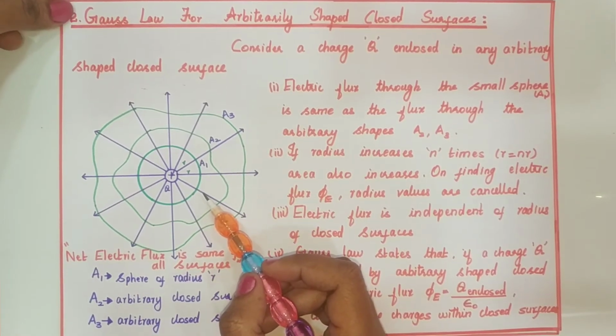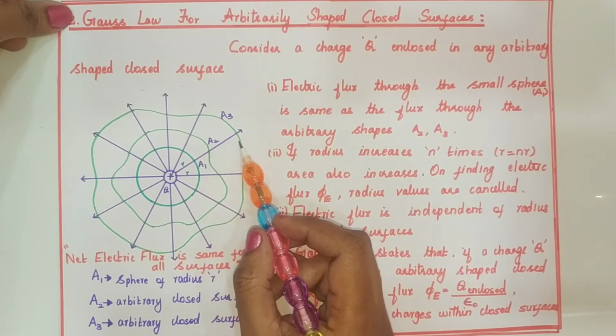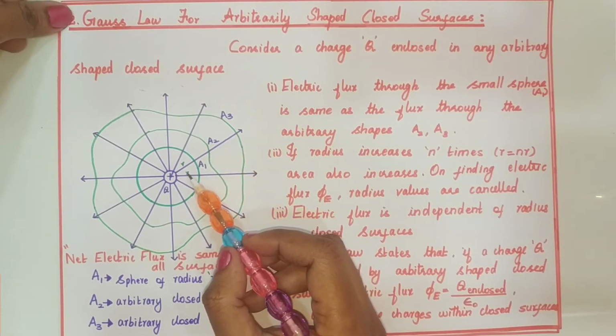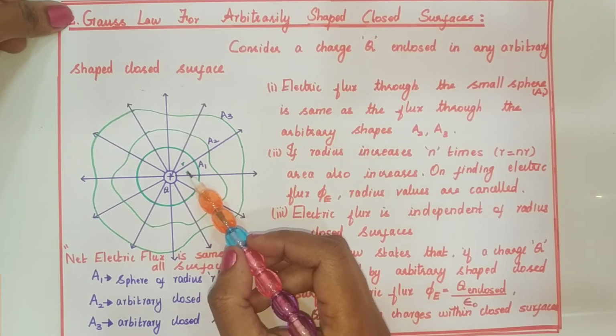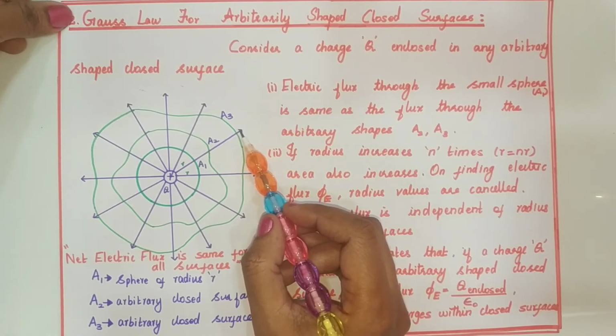According to Gauss law, as the radius is increased, we can write R as nR, that is n times R, and on finding the area for that radius term, we have to use nR instead of R.